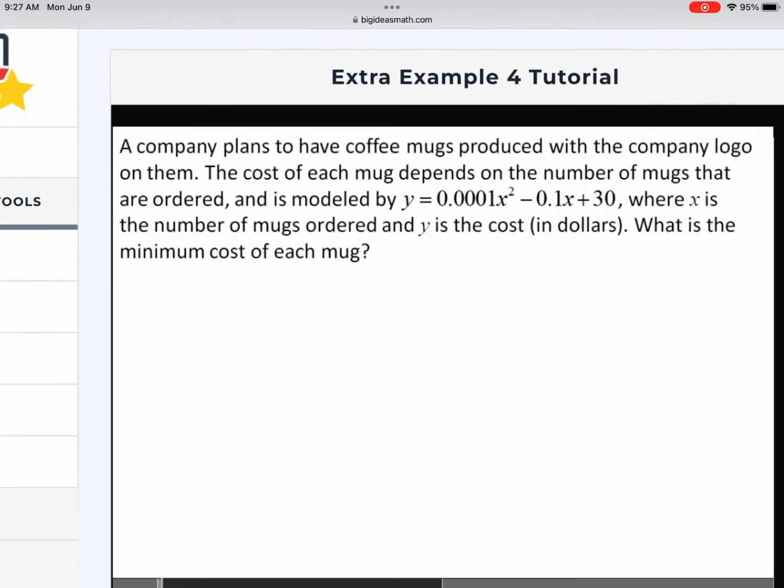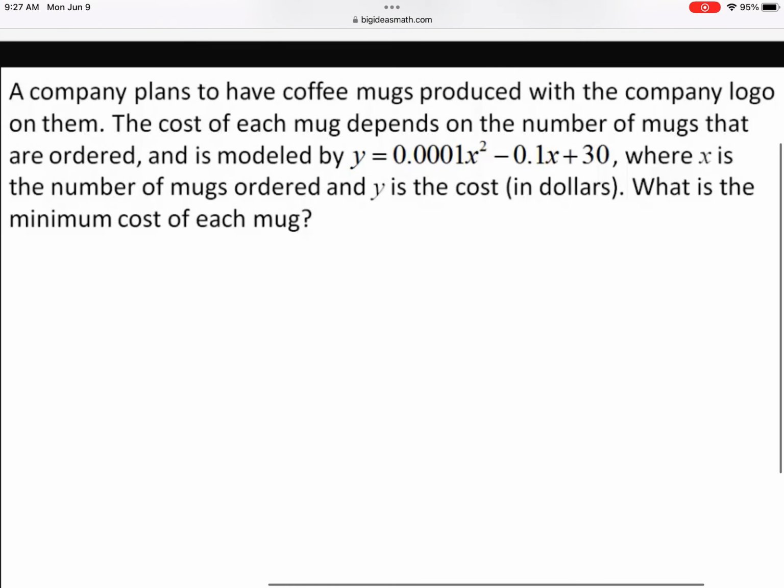A company plans to have coffee mugs produced with the company logo on them. The cost of each mug depends on the number of mugs that are ordered, and is modeled by y equals 1/10,000th x squared minus 1/10 x plus 30, where x is the number of mugs ordered and y is the cost in dollars. What is the minimum cost of each mug?